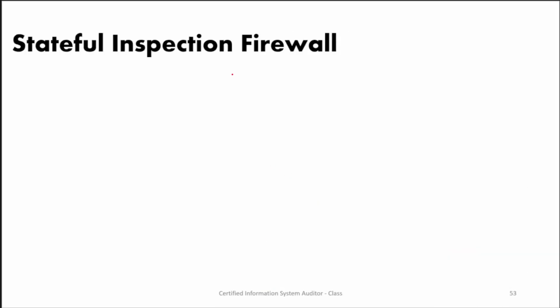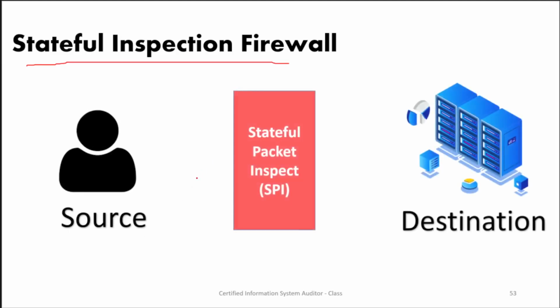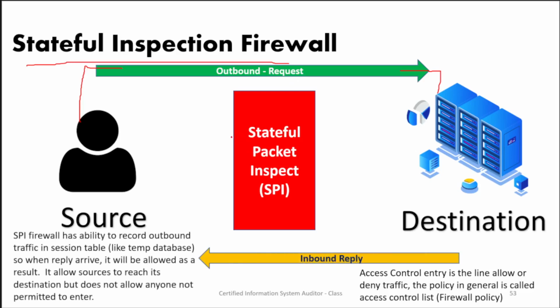The second type of firewall is called the stateful inspection firewall. In a stateful inspection firewall, we have the user and we have the destination, and the firewall has the capability to allow the request. We configure that we need to allow this source to reach this destination. But at the same time, while the firewall is allowing this access, it records the access in what is called a state table.